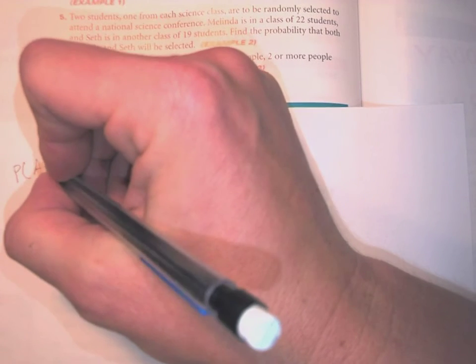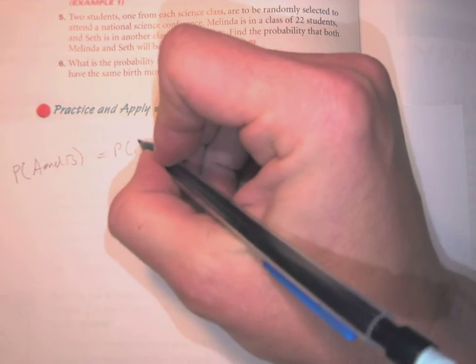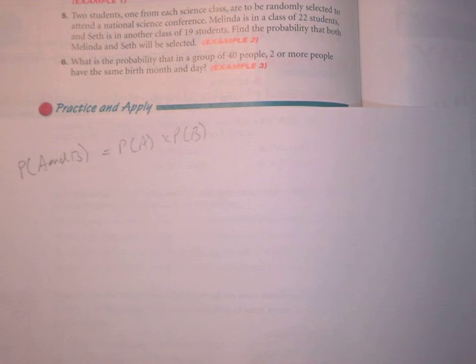So we want the probability of A and B, which is the probability of A times the probability of B, because these two events are independent. They're two completely separate bags. The marble that I draw from the first bag is not going to affect the marble from the second bag.